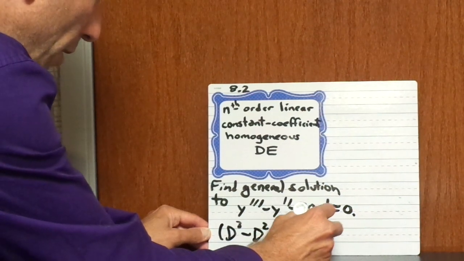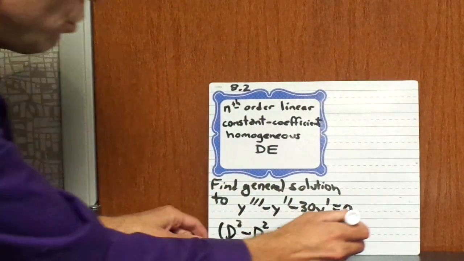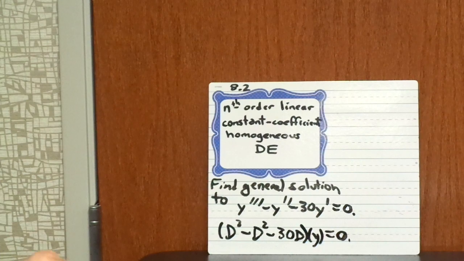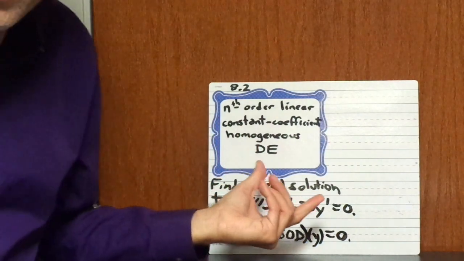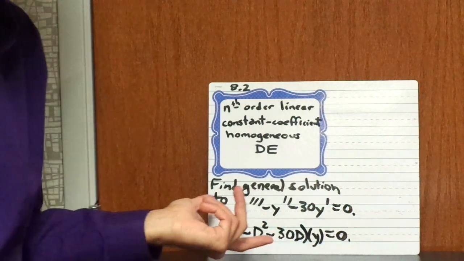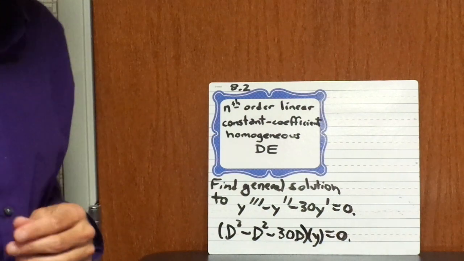All of that of y equals 0. So these are just two different ways of writing the same differential equation. The first way is sort of the classic way, just using the prime notation for the derivative. The second way is our fancy operator expression, where we use the d as an operator.